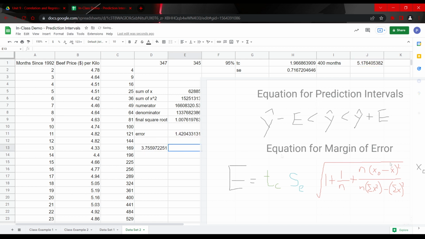On my higher end, I have y hat plus my error. And so what does this mean? It means that 400 months after 1992, I will be 95% confident in saying that the price of beef will be somewhere between $3.76 and $6.59 or $6.60. I am 95% confident in saying that.